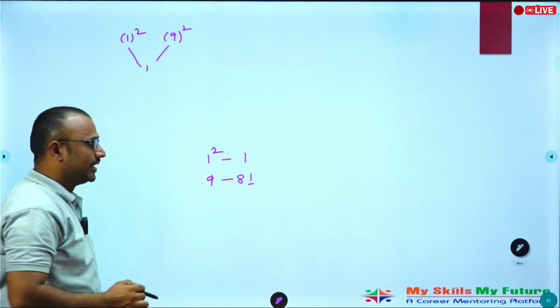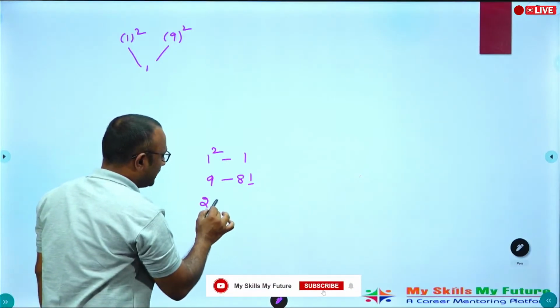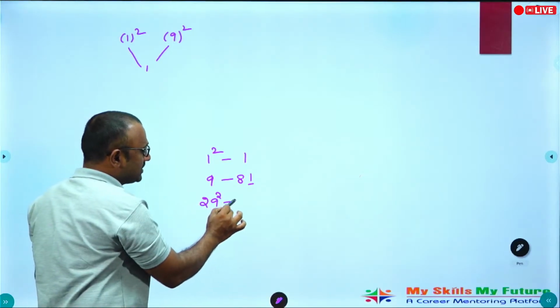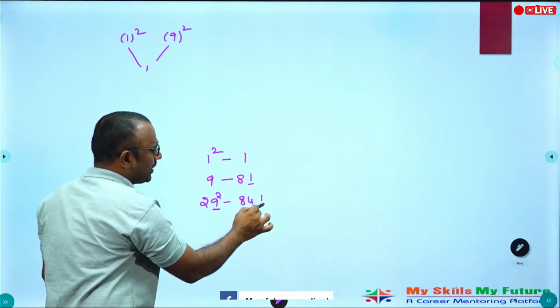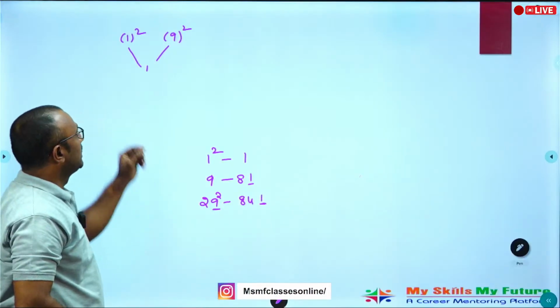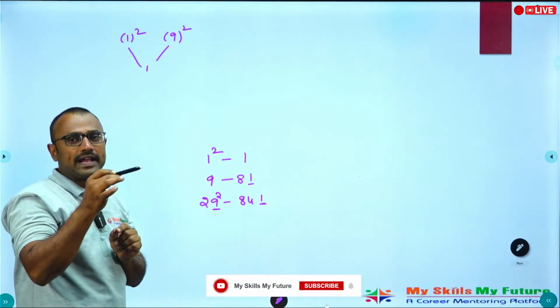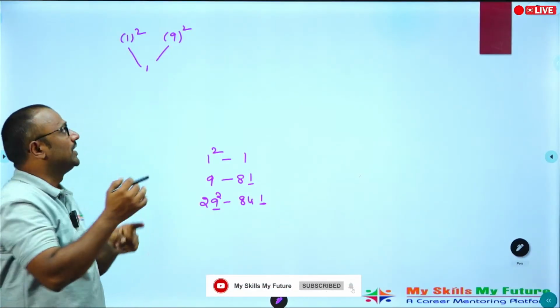Take 29: the unit digit is 9, so 29 square ends with 1. So if the unit digit of a number is 1 or 9, then its square ends with 1.